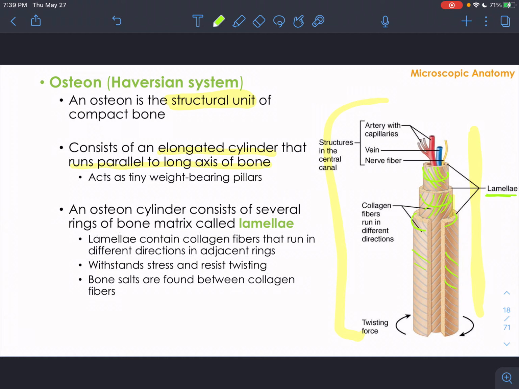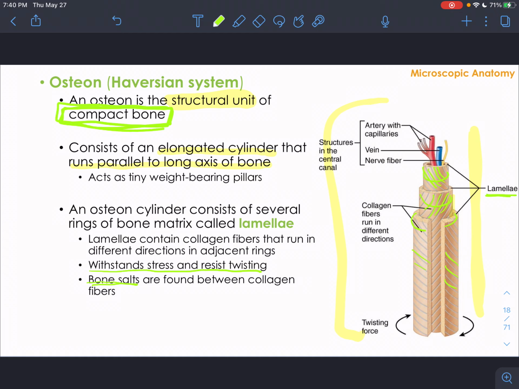They withstand stress and resist twisting. Between these collagen fibers, you're going to have what we call bone salts, which we'll talk about more, but those make up the matrix of the bone. So that's an osteon, the structural unit of compact bone. Again, you're only going to find this in compact bone.